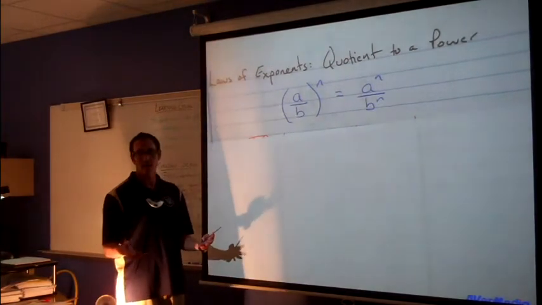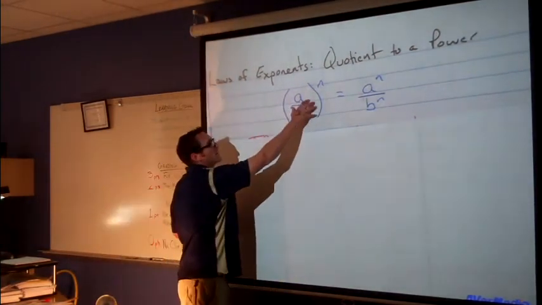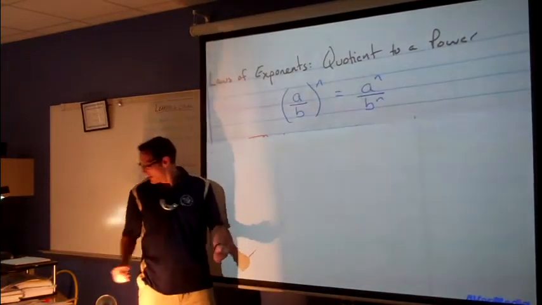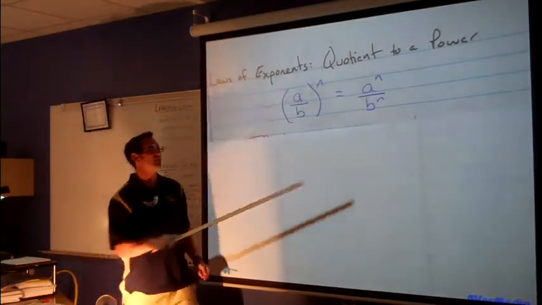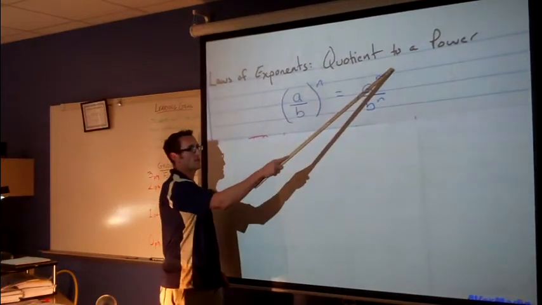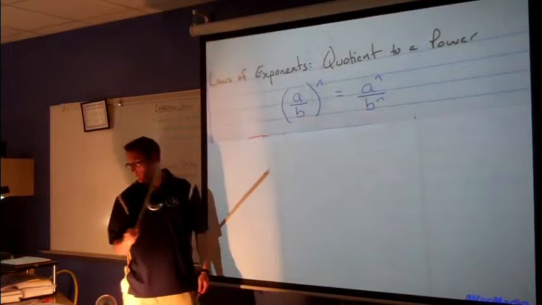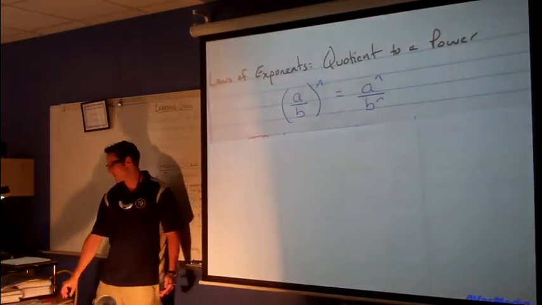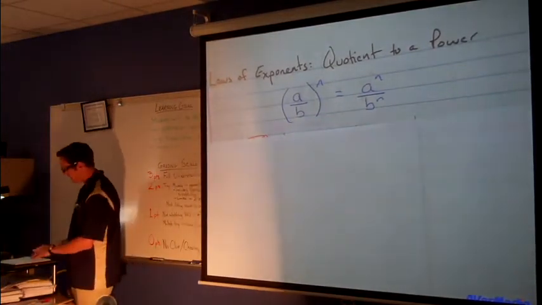Just knowing that if you have a group of things being raised to a power, that exponent gets applied to each thing. Okay, so if you have this being raised to a power, the exponent goes to the top, the exponent goes to the bottom. So it gets a lot more complicated, as you'll see.